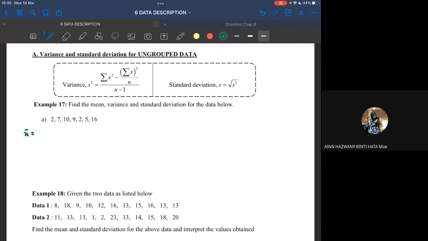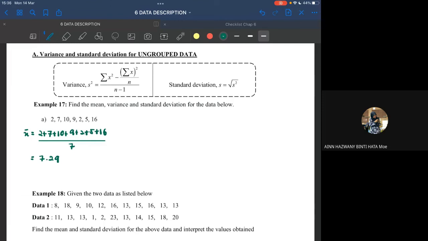Is equals to, tambah semua, 2 plus 7 plus 10 plus 9 plus 2 plus 5 plus 16 divided by 7. Seven point two nine. Okay, so we have the mean.